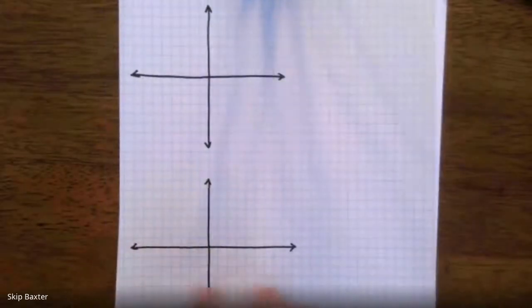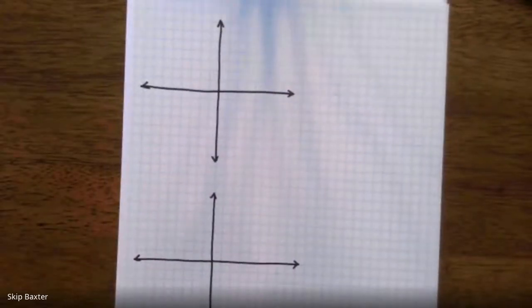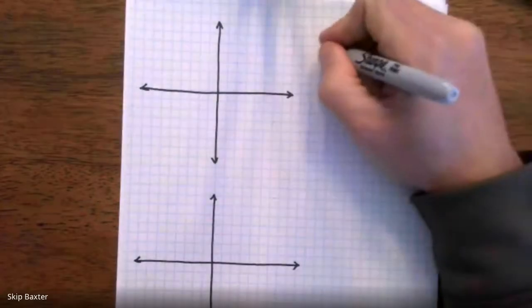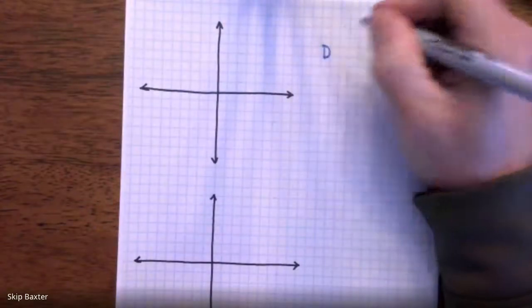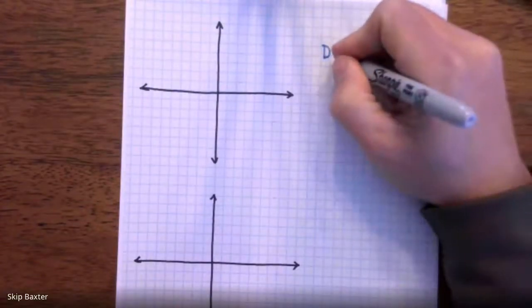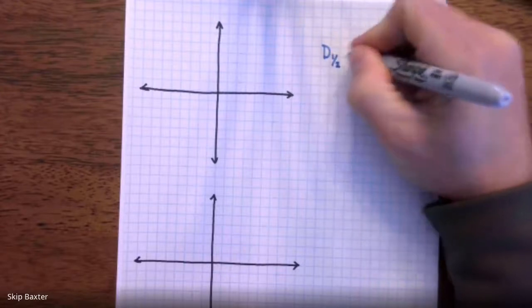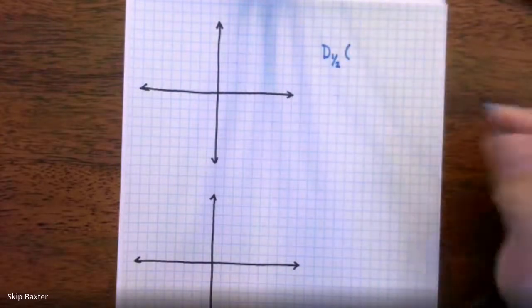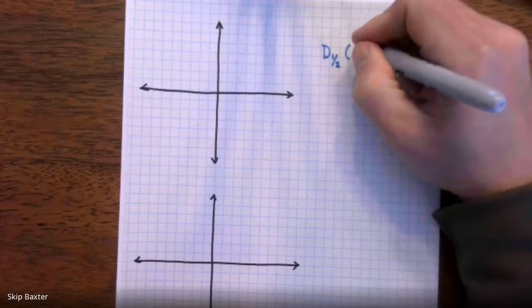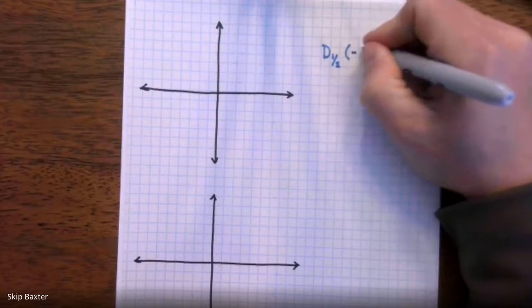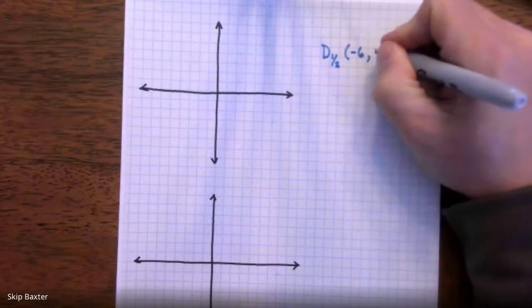If I had something like, for example, the dilation by scale factor 1/2, and the pre-image was the point (-6, 4).